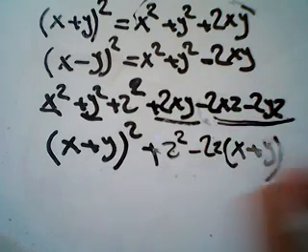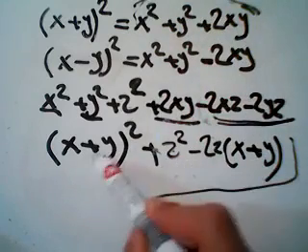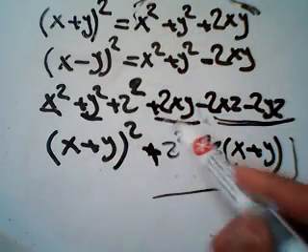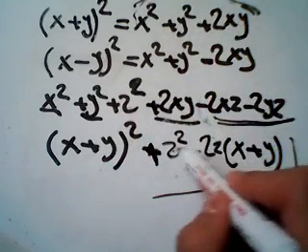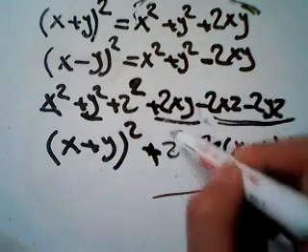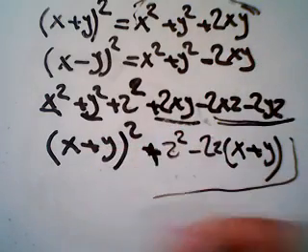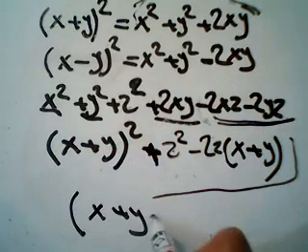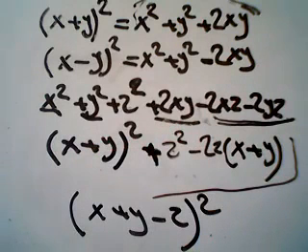Now it is in the form of that. Why? Because it has 2 squares minus the double of their bases. So that would be equal to x plus y minus z, the whole thing squared.